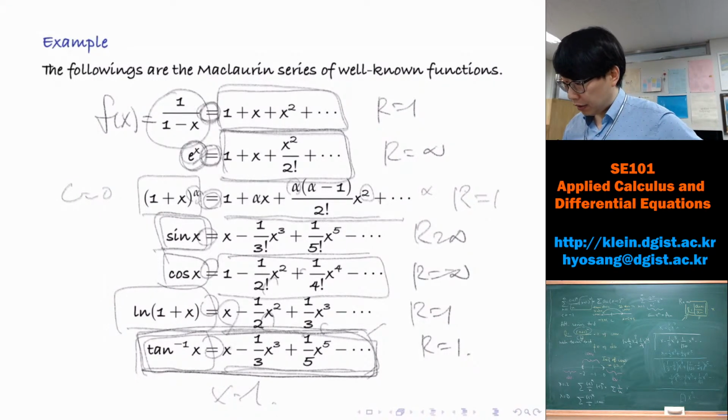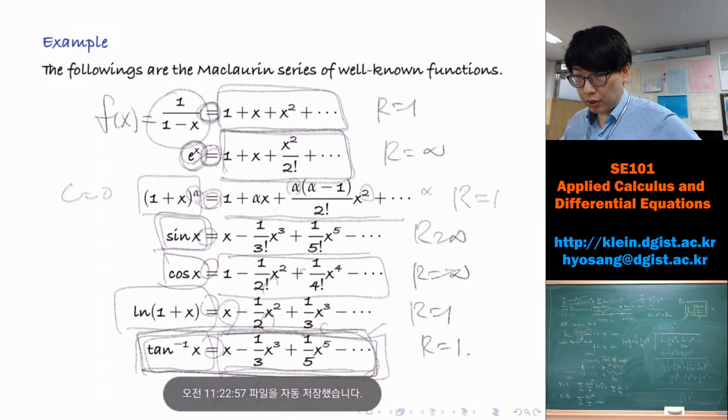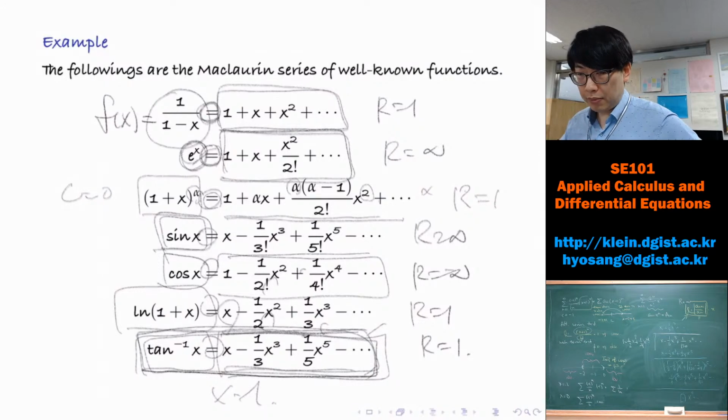Does this power series converge at x equals 1? And the answer is yes, because when x equals 1, it's an alternating series whose absolute value goes to 0, because the absolute value is 1 over the odd number, and the odd number goes to infinity. Therefore, it converges. It's okay to plug in x equals 1.